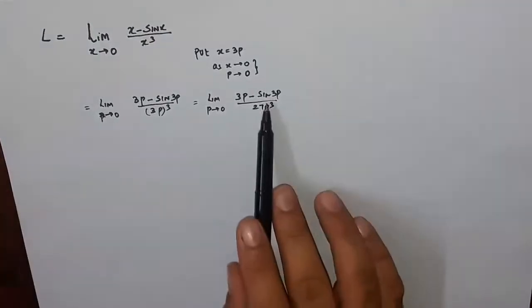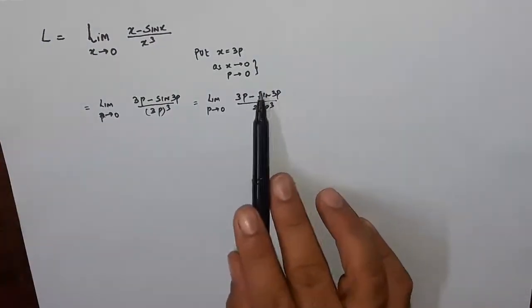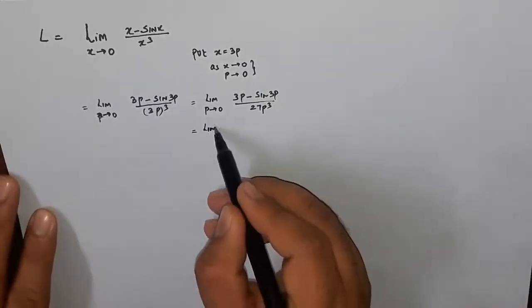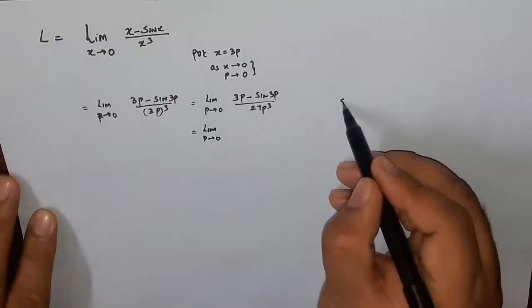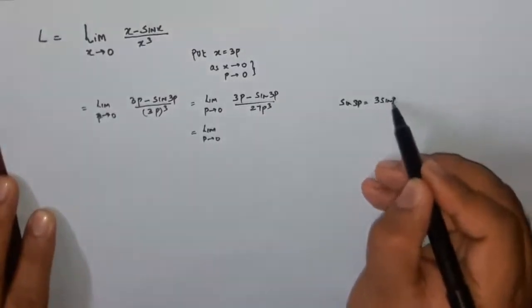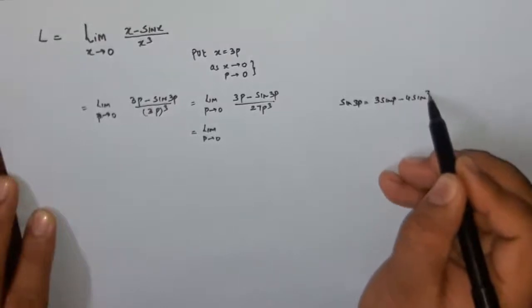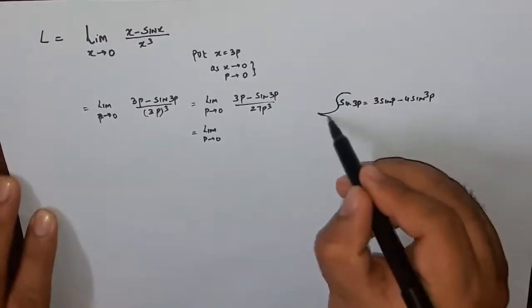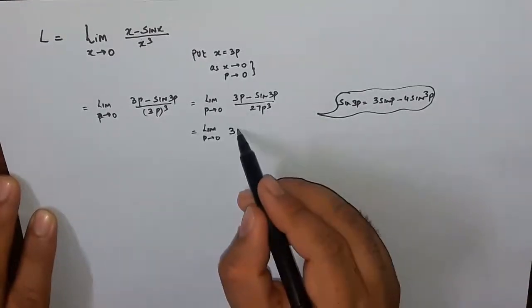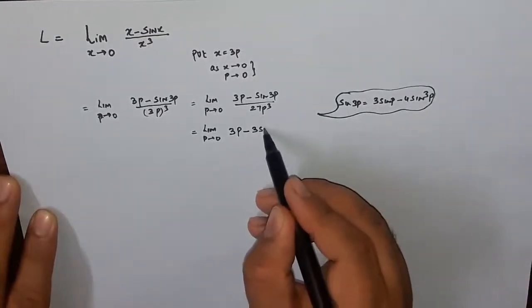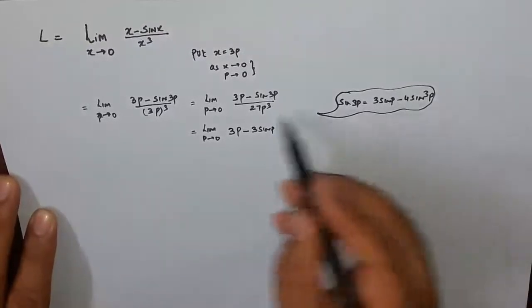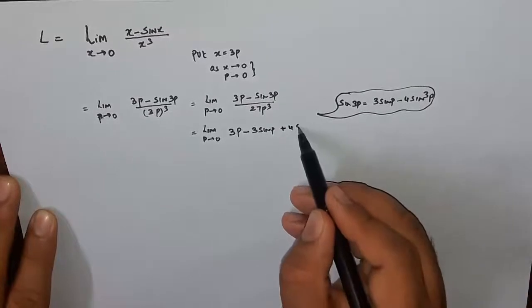Now we can observe that here we have sin 3p, and we know the formula for sin 3p, so we will apply that formula here. Sin 3 theta is equal to 3 sin theta minus 4 sin cube theta, right? This is the formula. If we apply this formula here, we have 3p minus (3 sin p minus 4 sin cube p), but if you open the bracket it becomes plus.